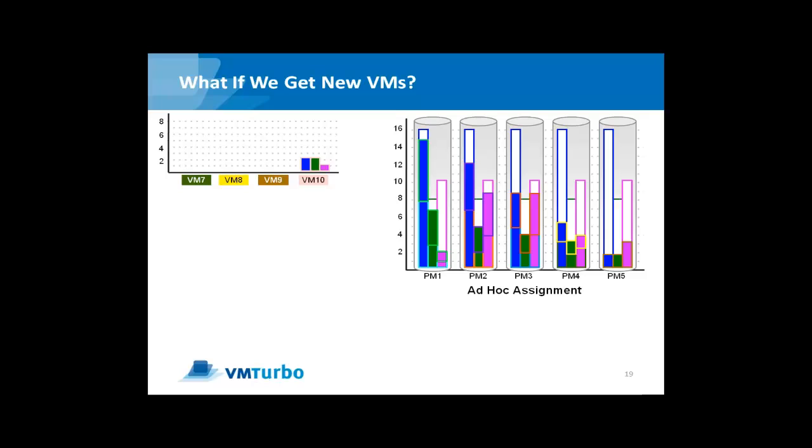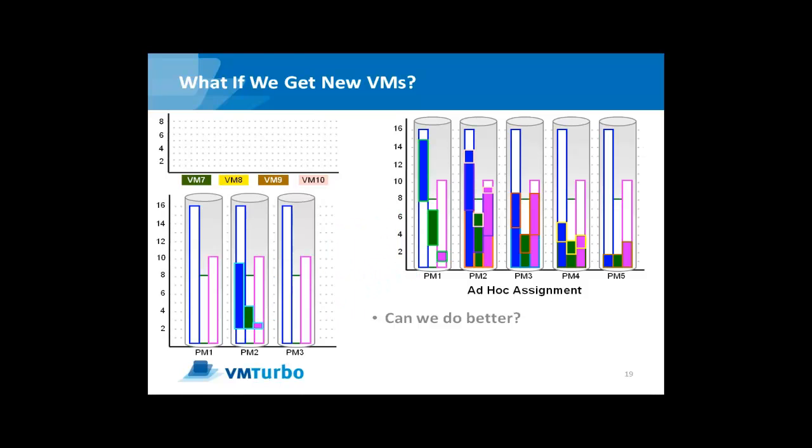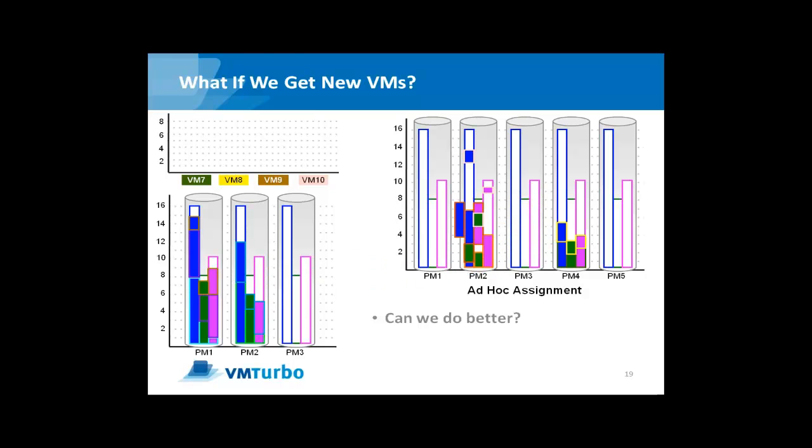For VM 9 and 10, we might find room on an existing machine, and sometimes we just provision, for simplicity, a new machine. So the question is, can we do better, as opposed to ad hoc, one after the other, next work assignment? And the answer is yes. By looking holistically at all of the available resources and all of the requirements for all of the machines, we can actually distribute what was on 5 physical machines onto just 3.